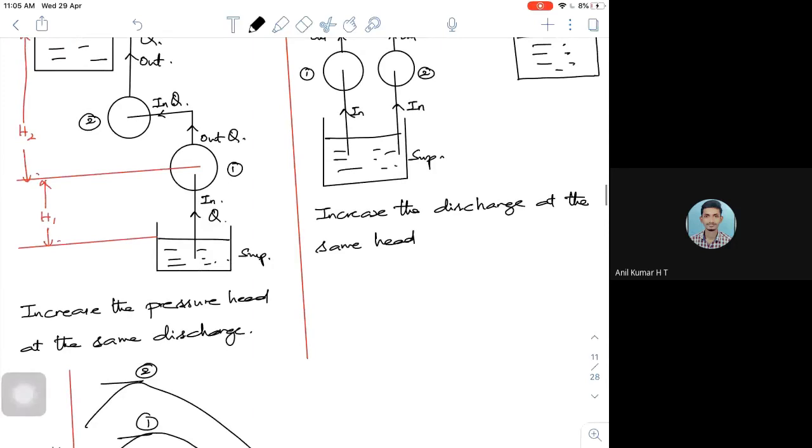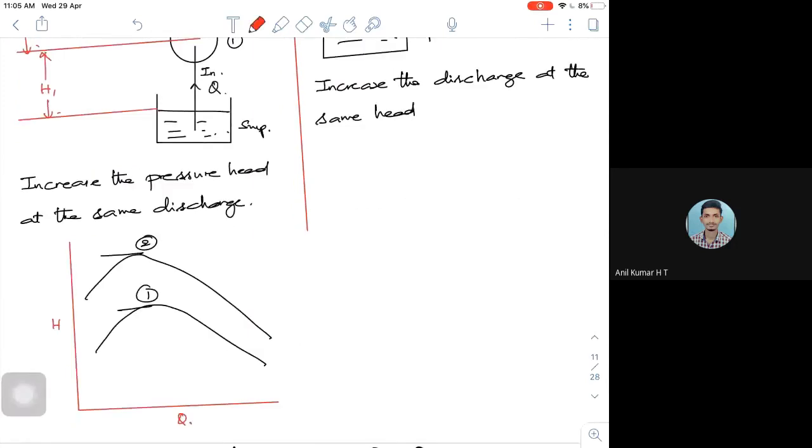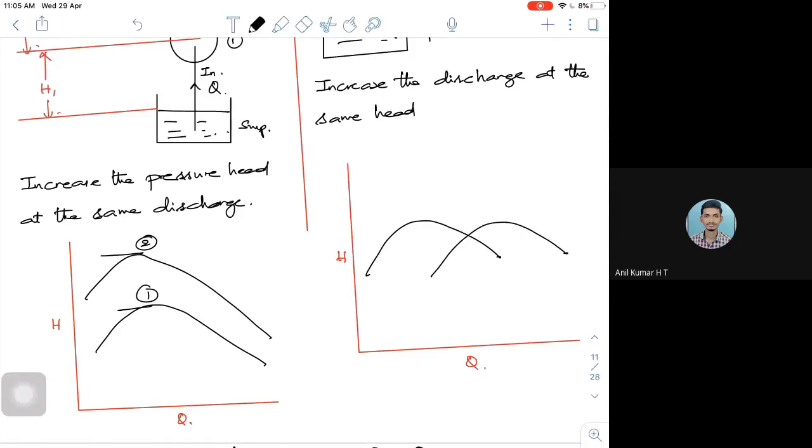So if I try to put the corresponding H-Q characteristic for that, it will be like this. This is your H, this is your Q, and the first pump will be delivering this head, the head developed by the first pump. The second pump will be delivering this head. So I will be getting more discharge.